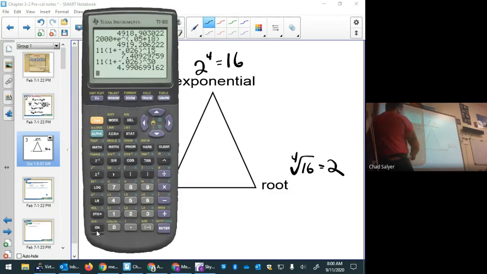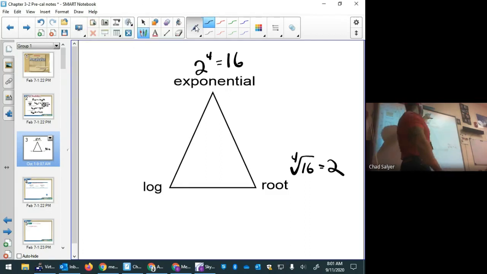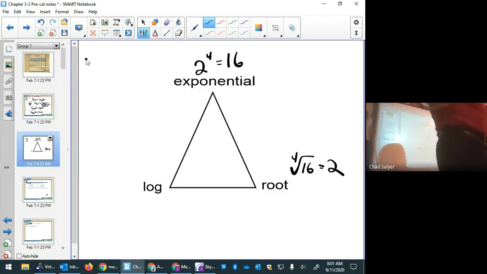I'll just show you in the calculator. So I've got these two, and you see how they use the same three values, but in this case, the output is the base. Here the output is the number that results when I raise this 2 to this power. Here the output is the base, but how could I get an output of the exponent?